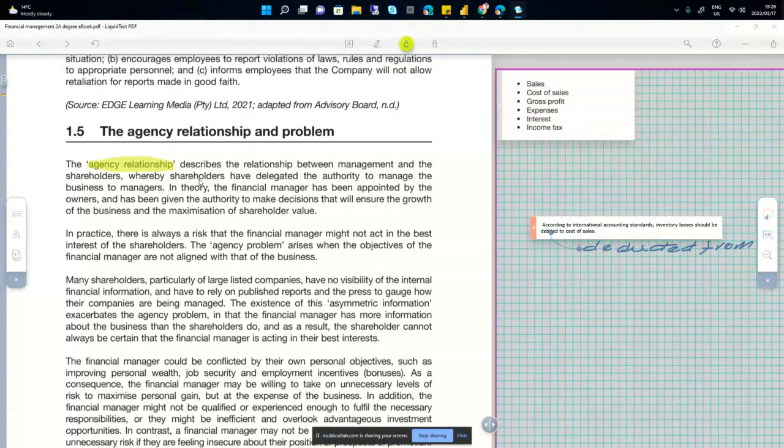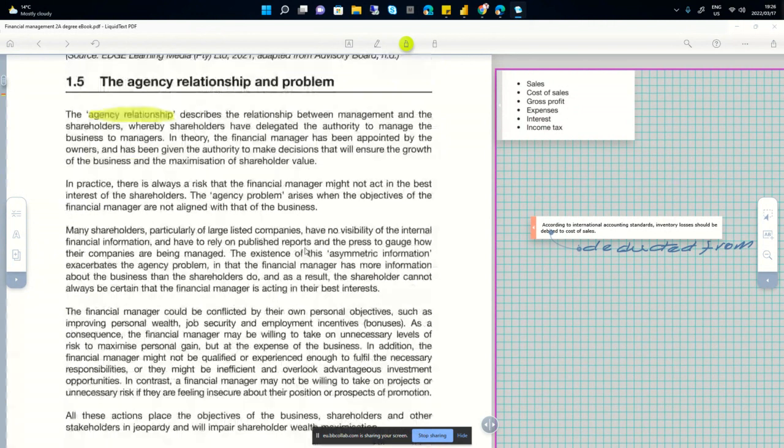There will also be an asymmetrical flow of information between the two groups. Sometimes the managers will not provide all the information to the owners. There is certain information that they will keep, and other information that they will let the owners of the company have.